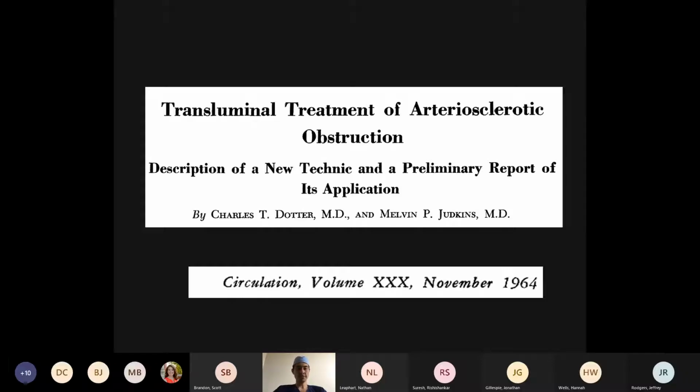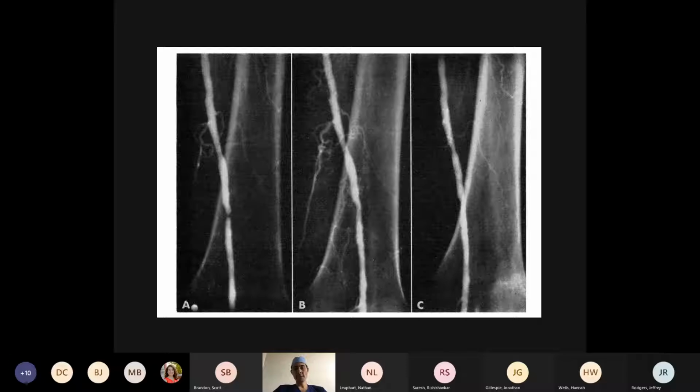Okay. Can go to the next slide. And this is the lesion that he treated, a pretty tight SFA stenosis. That's the superficial femoral artery. And the first one is before the procedure. The picture in the middle is right after the procedure, the completion arteriogram.